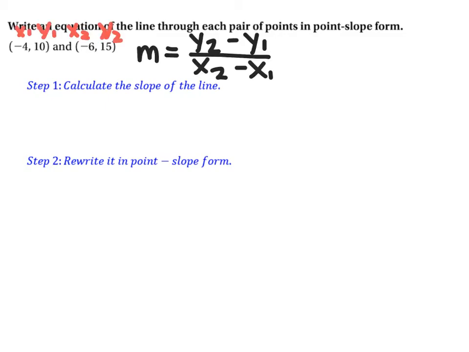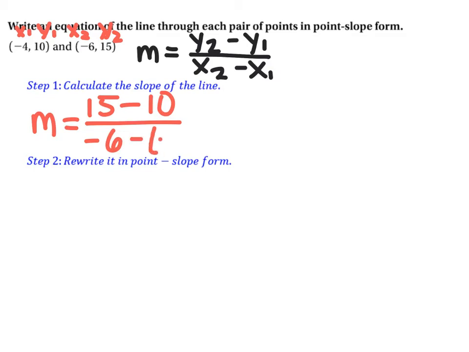In the next example, I'm writing the equation through the points negative 4, 10 and negative 6, 15. So first, I need to find the slope of the line. So I'm going to plug it into the slope formula, which is y2, so it's 15, minus y1, which is 10, over x2, which is negative 6, minus negative 4.